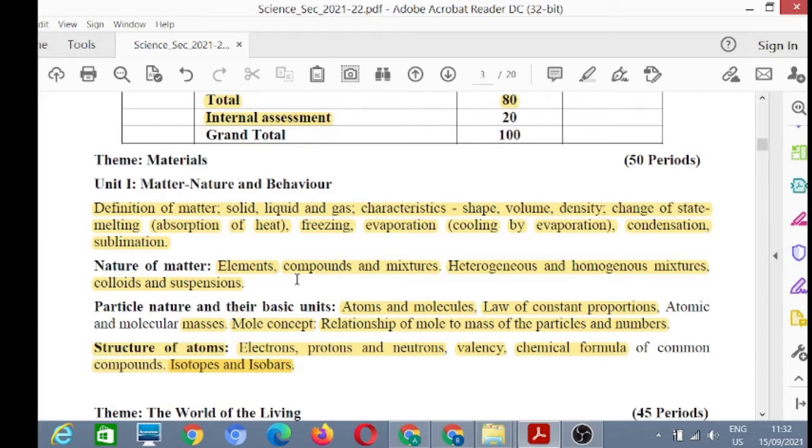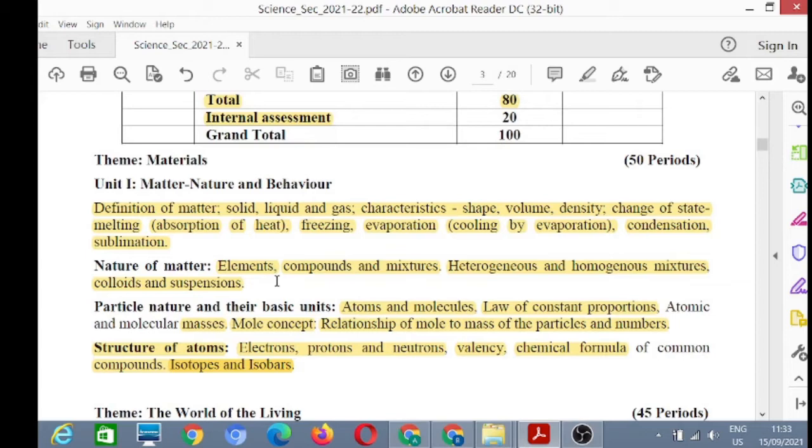Liquid medicines are suspension. So basically there are three types of mixture. One is solution, second is colloids and third is suspension. And the normal question asked is, differentiate among solution, colloid and suspension.